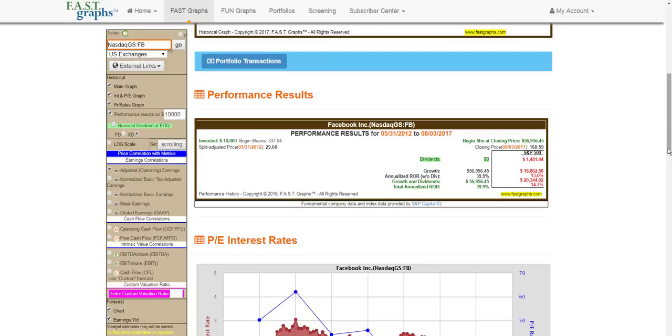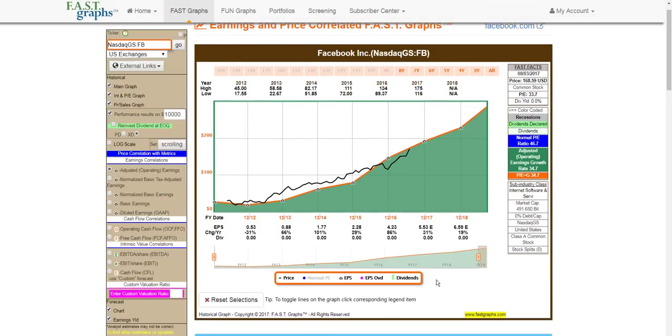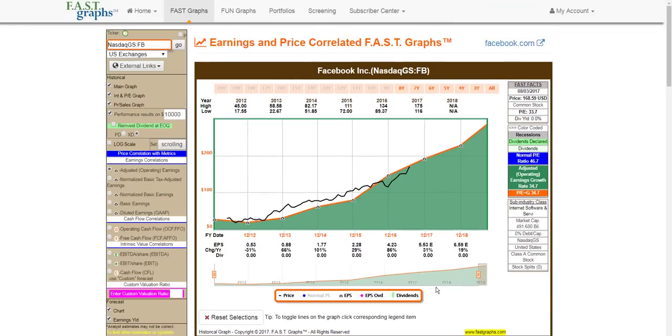It's 39.9%. It's in line with the 34.7%. But let me explain why that happened, because it doesn't negate the earnings and price relationship. I want you to notice that the company had some really incredible growth years in this period of time. But nevertheless, we still have a very high correlation between value and growth. High growth and moderately reasonable valuations lead to very strong rates of return.